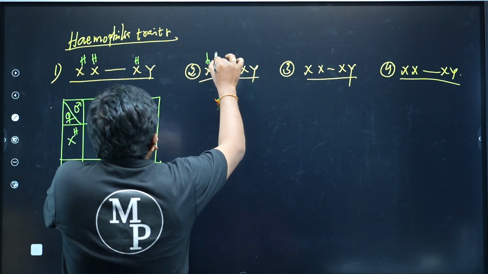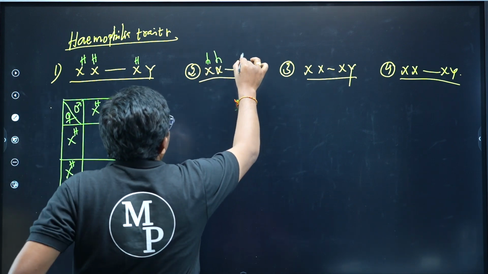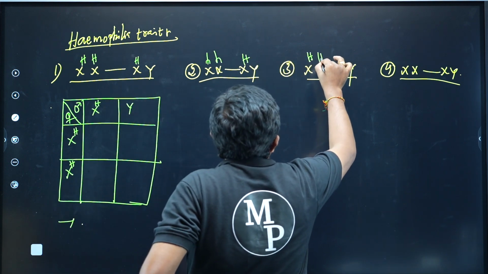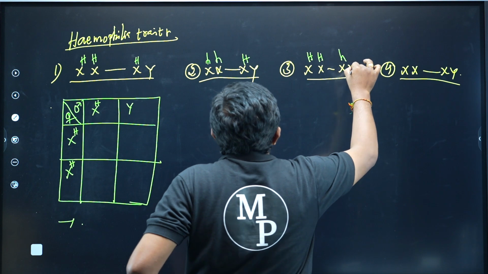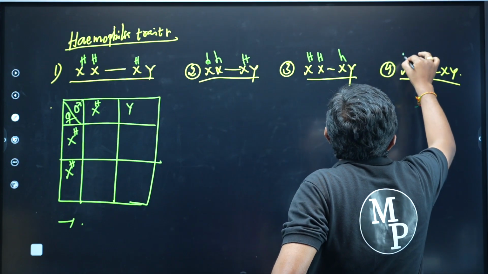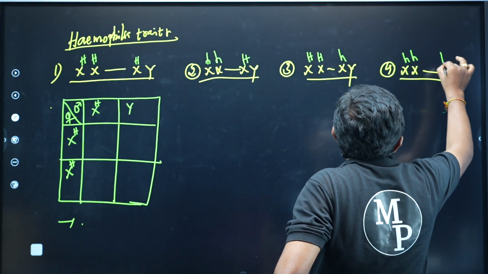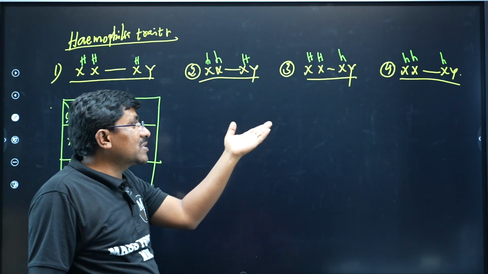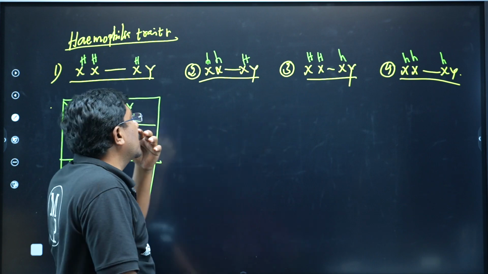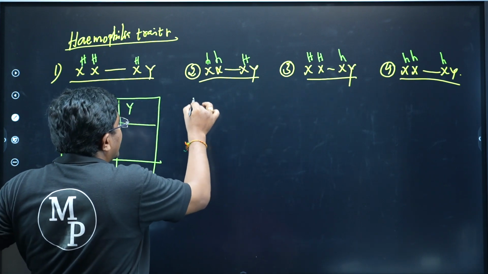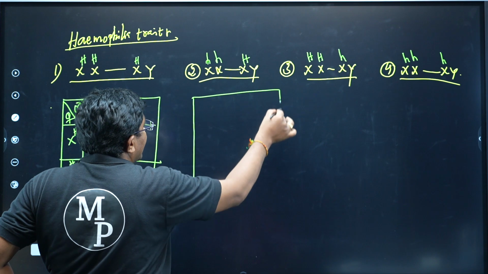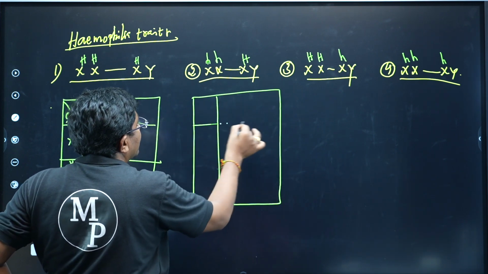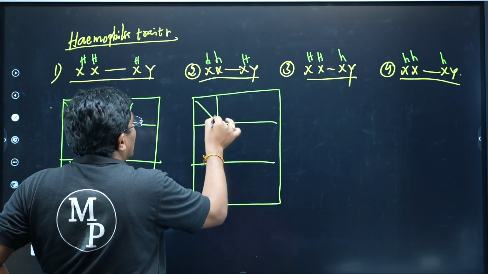So here small h, again small h, here capital H and capital H, and capital H and small h, and both parents affected with hemophilia: small h, small h. Same thing as color blindness. You can substitute here, then write the percentage.